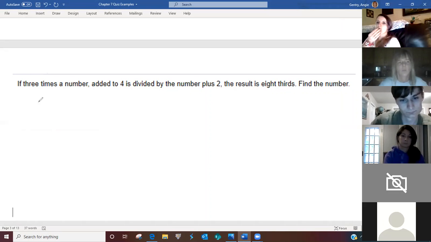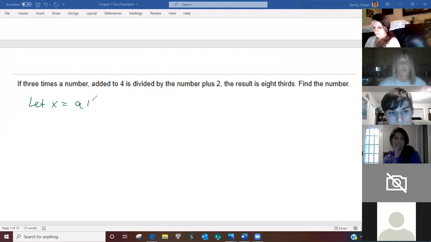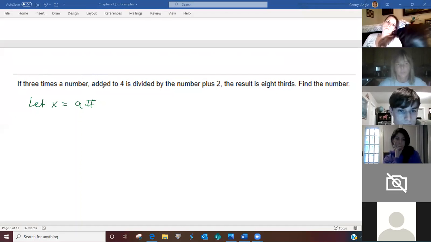Creating the correct equation. Lots of people want to immediately go into an equation. I say, do not do that. I see a lot of words, I'm overwhelmed, so let x be. Yes? And then you say it's a number, and this will help you translate. Now you look at the wording. If 3 times a number, and commas are very important.